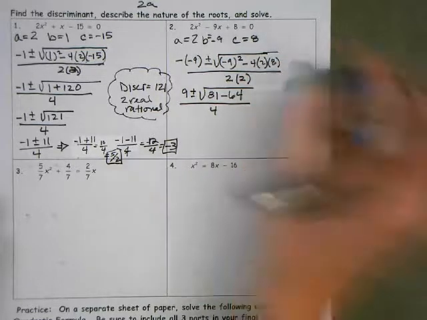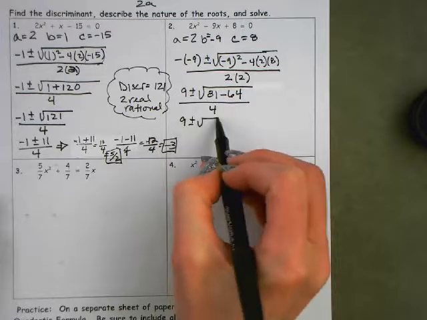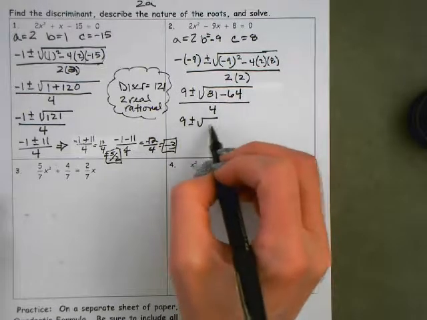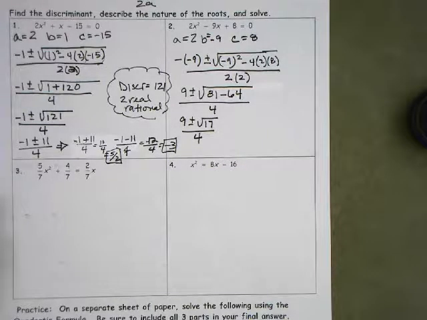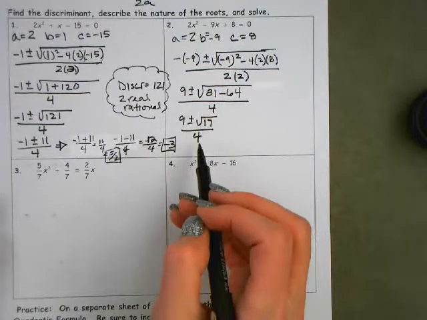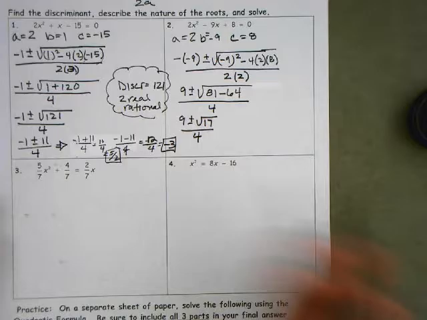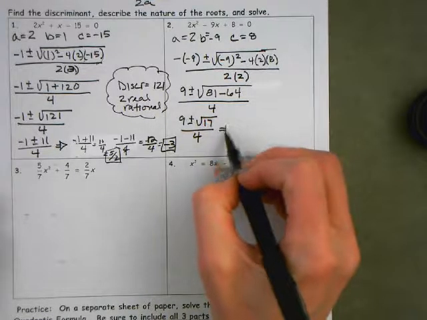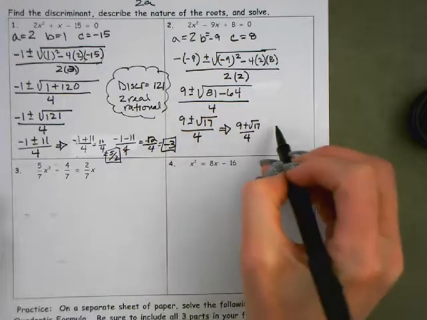So therefore, that's 9 plus or minus the square root of 17, all over 4. So you can leave it that way, because it's a square root of 17. You can convert the square root of 17 to decimals and actually solve for it. But those are your two answers. You have 9 plus the square root of 17 over 4, and 9 minus the square root of 17 over 4.